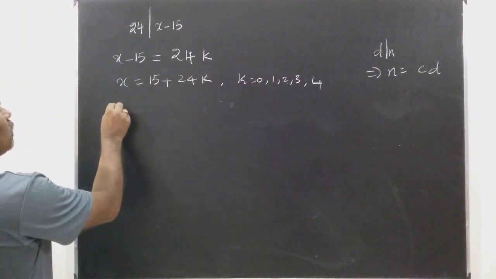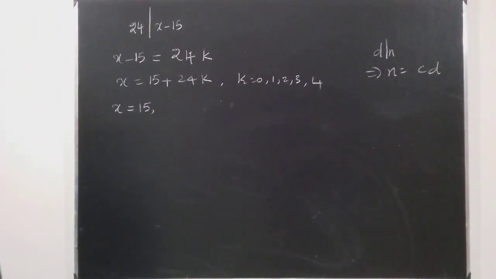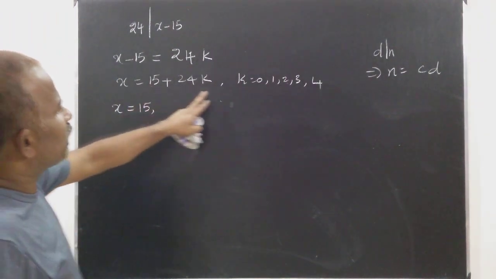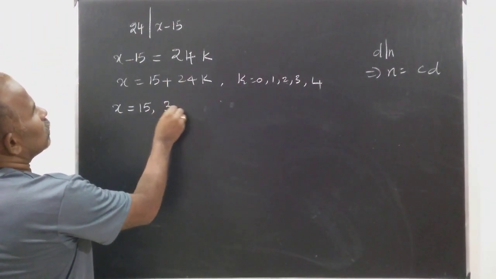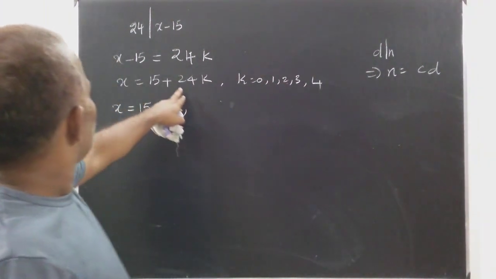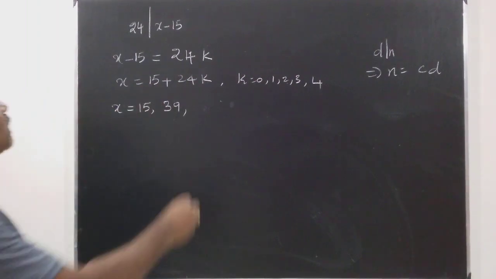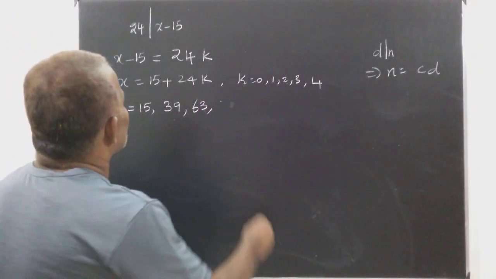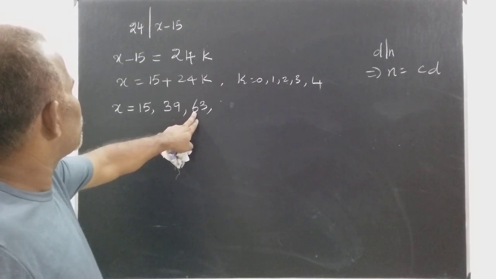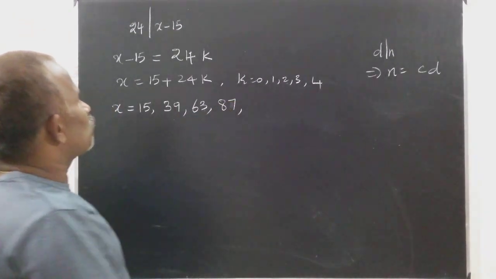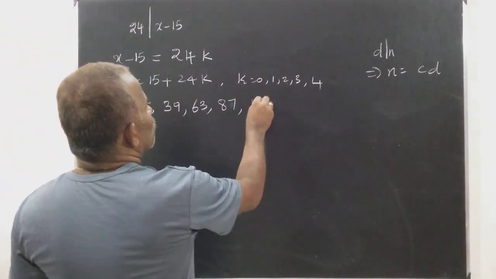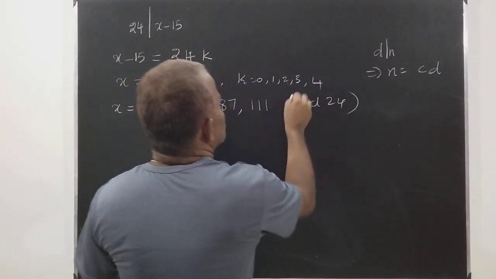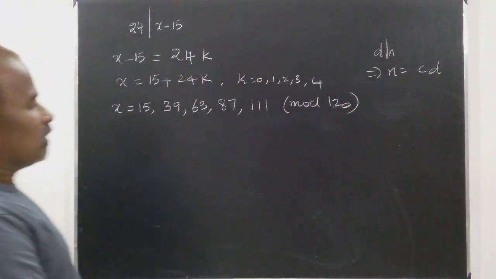For k equal to 0, x is equal to 15. For k equal to 1, x is 39. For k equal to 2, adding 24 again, 63. For k equal to 3, 87. For k equal to 4, we get 111. This is modulo 120, not modulo 24.